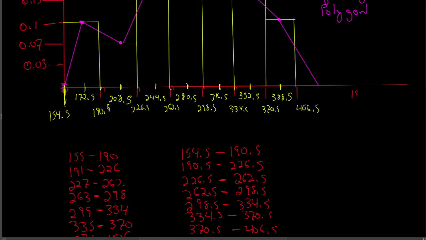Those are these numbers down here. And so our class boundaries, if we want the histogram to be smooth and not have any gaps, we have to push that up by a half and push that down by a half. And that ties everything together.